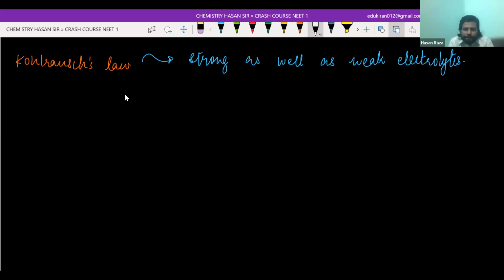It says that the equivalent conductivity of any electrolyte will be equal to the sum of the equivalent conductivities of its cation and anion: lambda equivalent of cation plus lambda equivalent of anion.